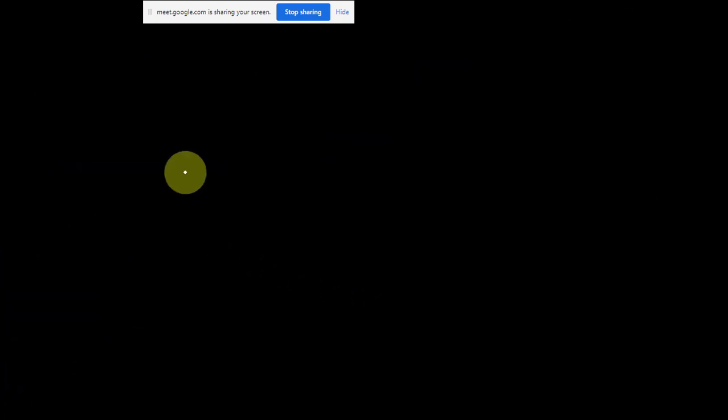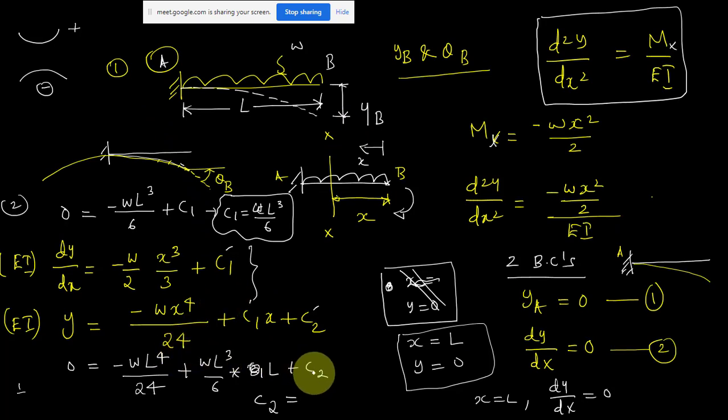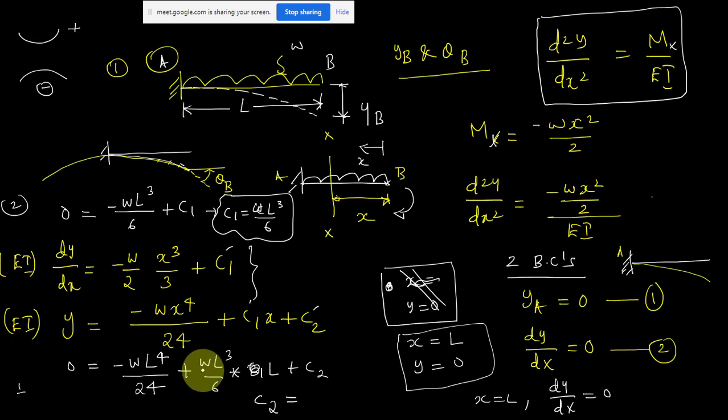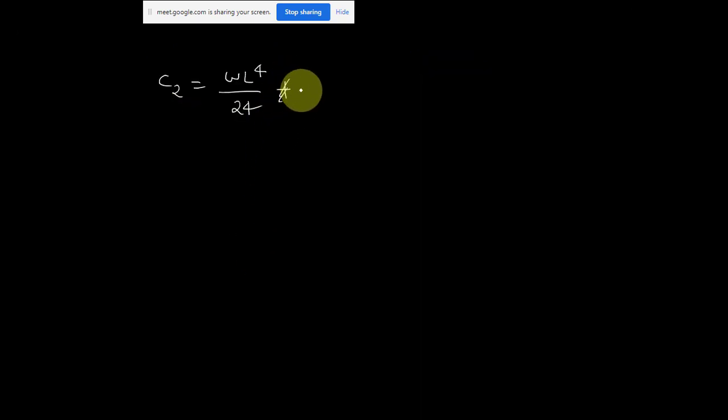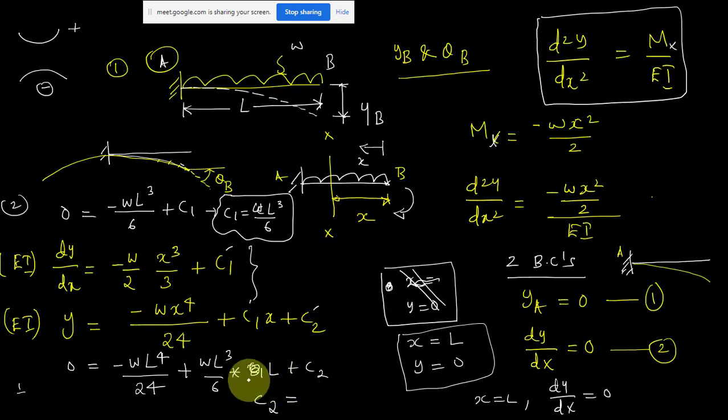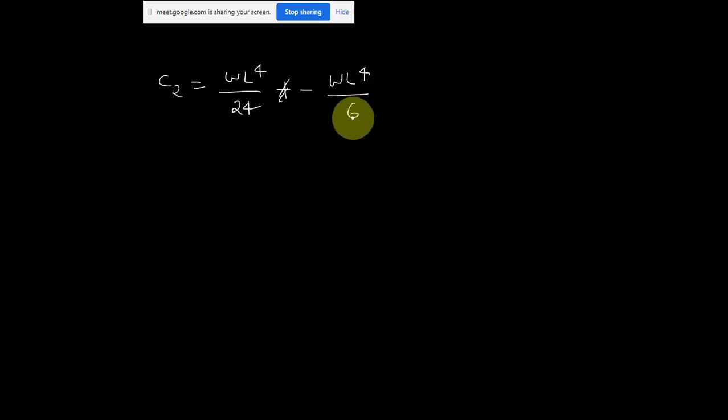So I will do here C2 equal to, from this equation I can get the value of C2. So it is WL raised to 4 by 24 minus WL raised to 4 by 6. Okay, so this is the value of C2.